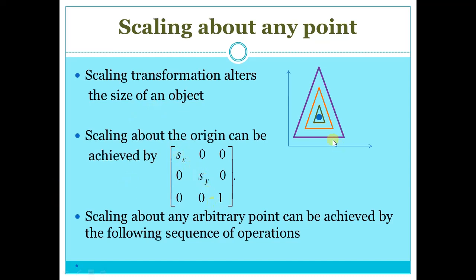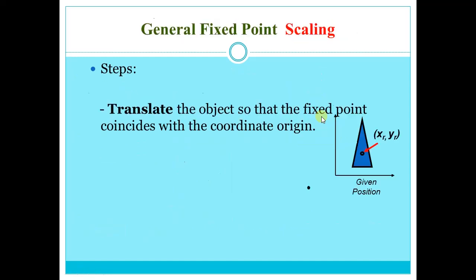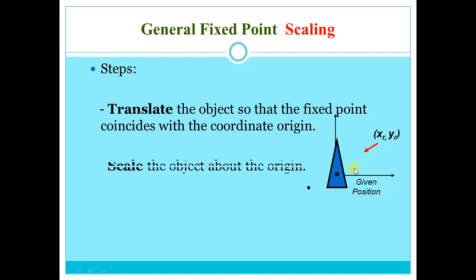Now scaling about any arbitrary point can be achieved by the following sequence of operations. First of all, translate the pivot point to the origin. That means you have to translate this way. Then after translation, we can use the scale about the origin, so we can enlarge or reduce the size of the triangle about this origin.